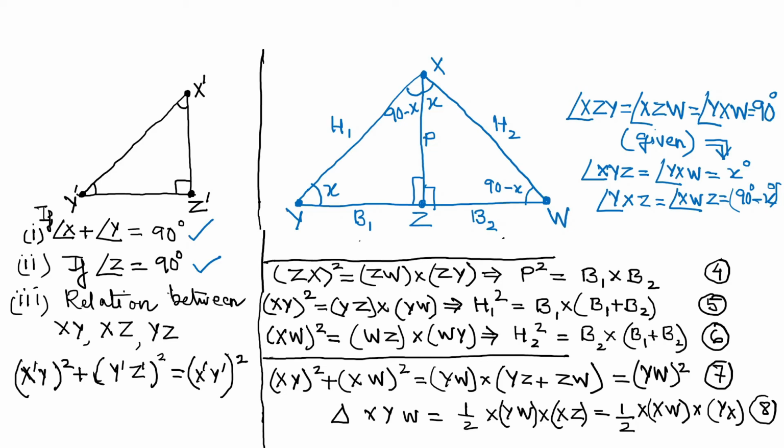Now finally, if I take this as the perpendicular, if I take this as the base and this as the hypotenuse, we have already established in point number 3 that for a right angled triangle, hypotenuse square is equal to the perpendicular square plus the base square.